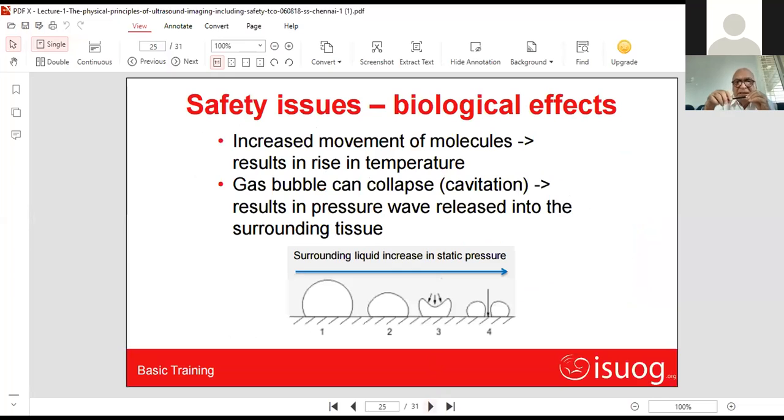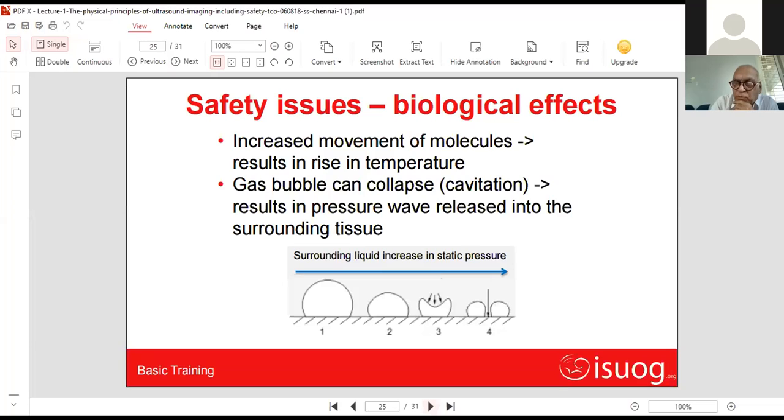Now here comes, this is very important, the safety issues and biological effects. What happens? Sound wave, again, the maximum attenuation is by absorption. When tissue absorbs sound, heat is generated, and increased movement of molecules results in a rise in temperature.